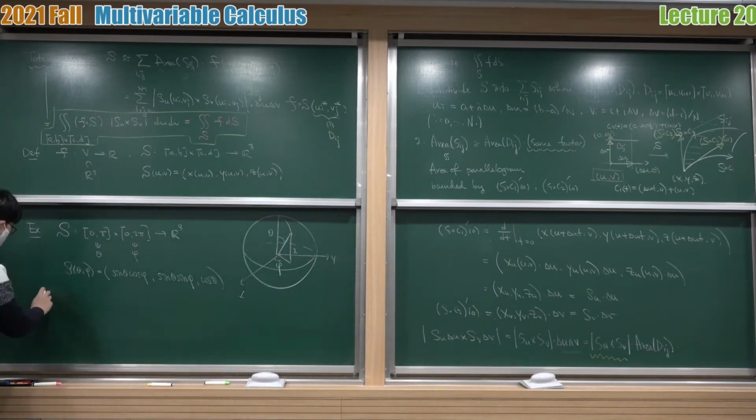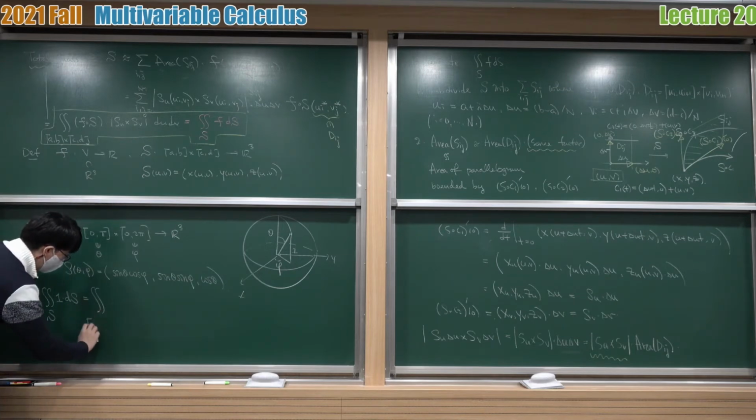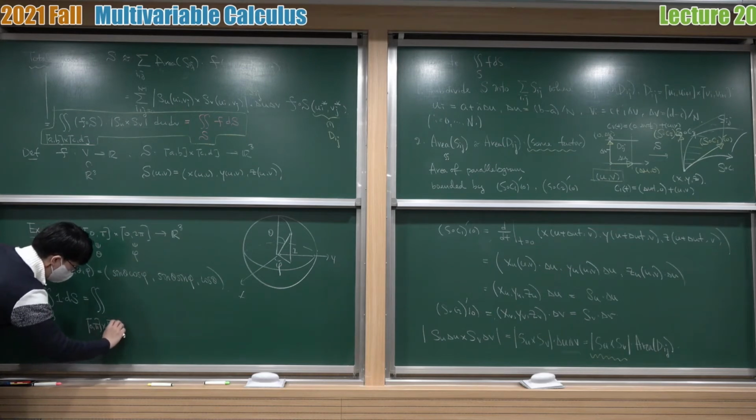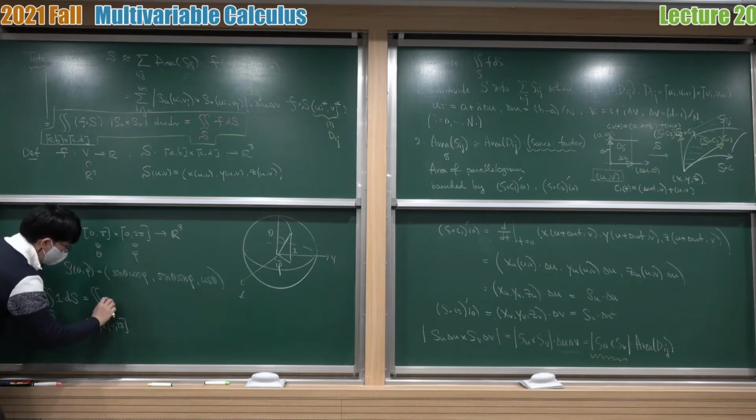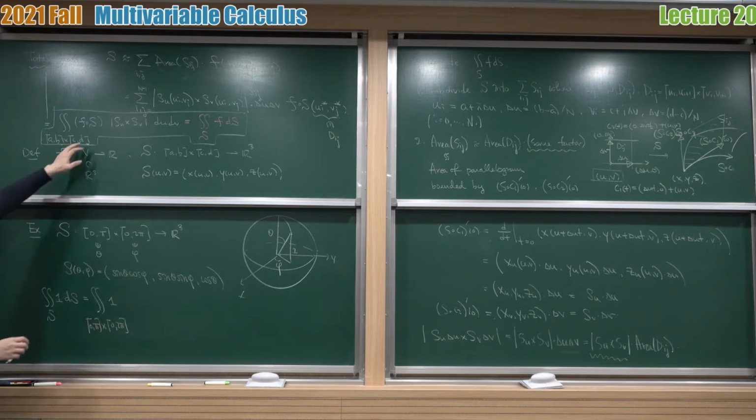Let's try to find out what is the surface integral of 1 over the surface S, parameterized this way. So let's try to put that into our formula. So I'm going to make it into a double integral, over 0 to pi, of 1. Well, technically, I have to composite that, but 1 is a constant function.